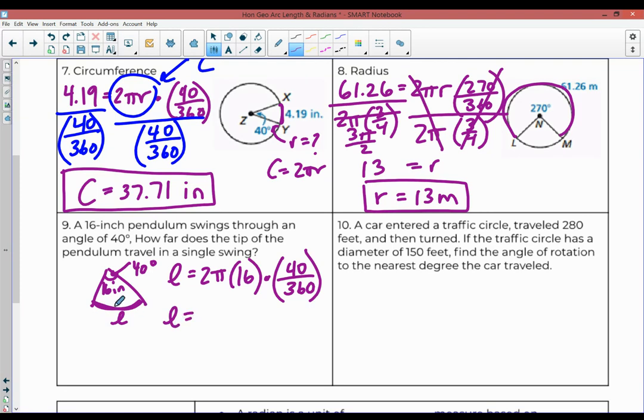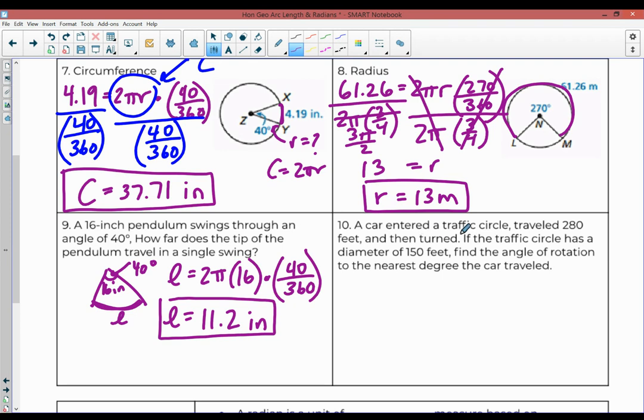Since that was a little bitty angle, I did 2 times 16 to get 32, 32 pi times 40 over 360. That gave me 11.2 inches. So it didn't yet hit its radius of the swing. Let's see why that is later.